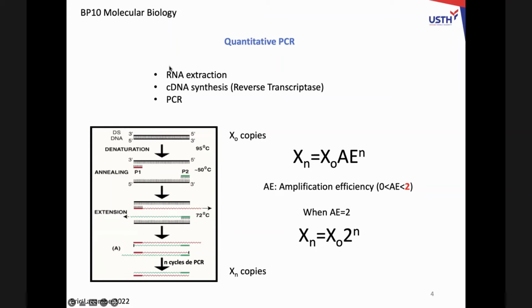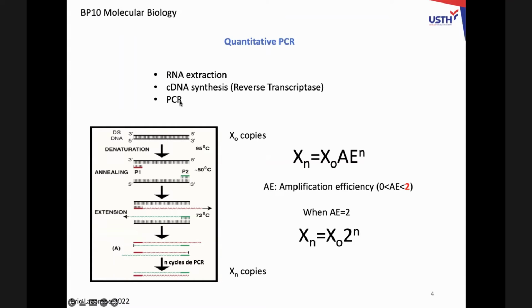One very important concept in quantitative PCR is that we want to quantify the quantity of RNA in a sample in order to be able to compare it with another situation. When we do the cDNA synthesis, every single molecule of RNA will be converted to cDNA. The second step, the PCR, amplifies the cDNA as targets.